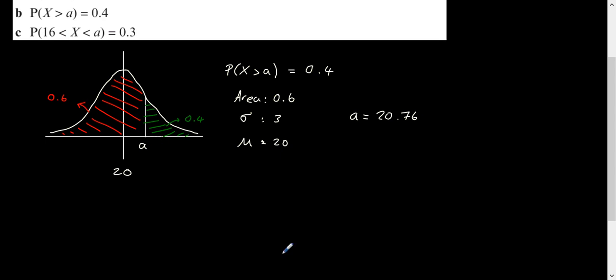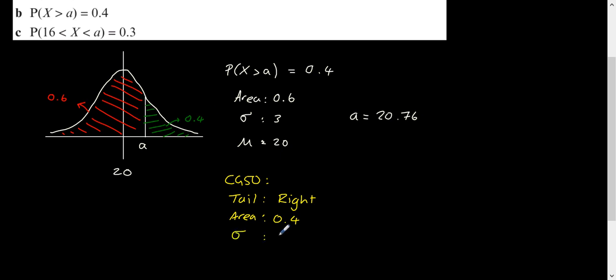So for anyone who's using the CG50, this is where your tail option comes in handy. So this time we're going to set the tail to right, and all of the rest of the details are the same. Area is 0.4 from the question because we can type in to the right.